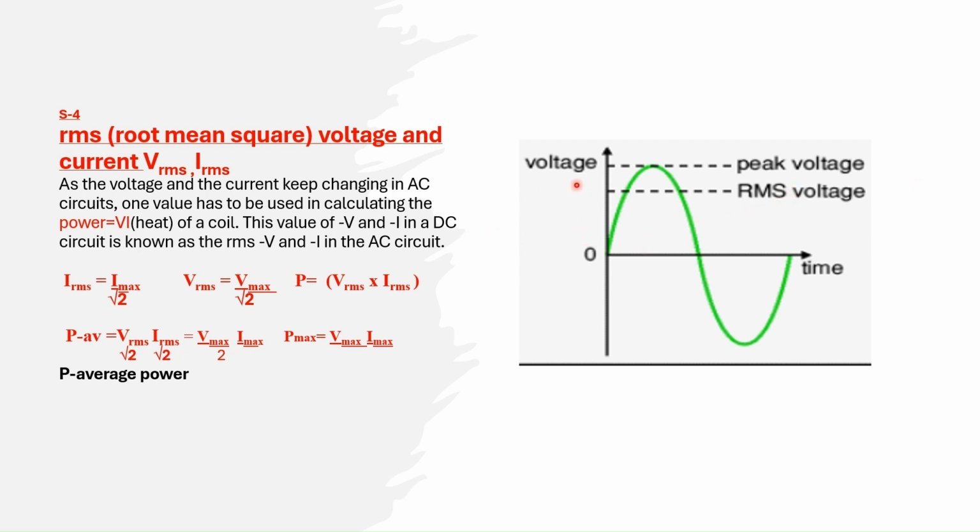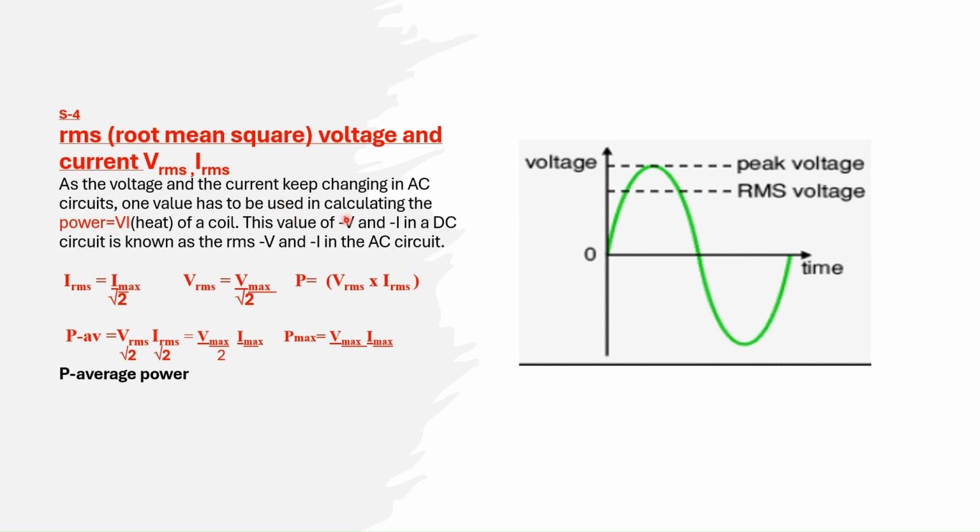Okay, so you have the peak value here, then we have the RMS values. That is a little bit smaller than the maximum value, but a little bit higher than the average value also. Right, now we define this, the RMS voltage and the current.